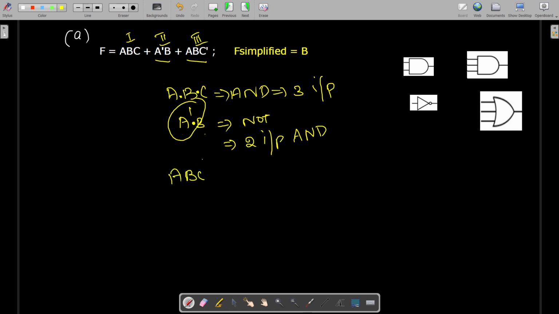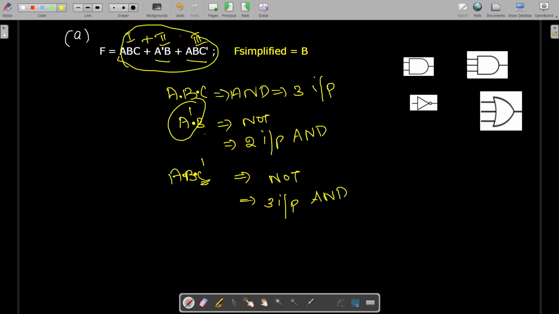First we have to get the C dash, for that we need one NOT gate or an inverter. Then A, B and C dash are connected using the dot product, so we need a three input AND gate. And then these three terms are connected using the plus sign, so we need a three input OR gate.